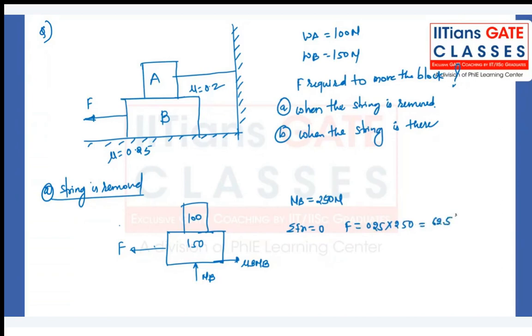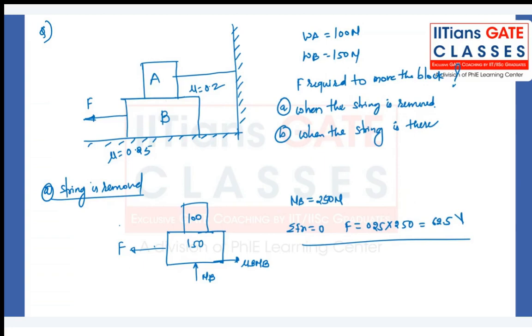So when the string is removed, the problem is simpler. You can assume the entire thing as one system, and when you pull the below block, the system will automatically be pulled. When you put the string, obviously you have to apply more force, because you will have one frictional force on the top surface as well, coming from block A.